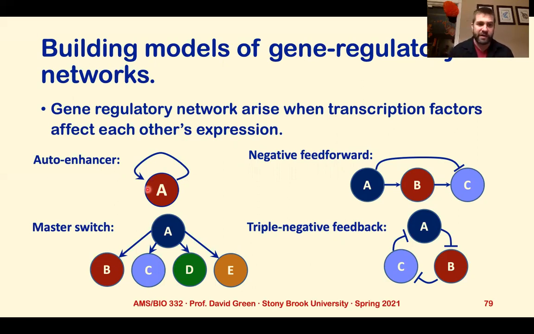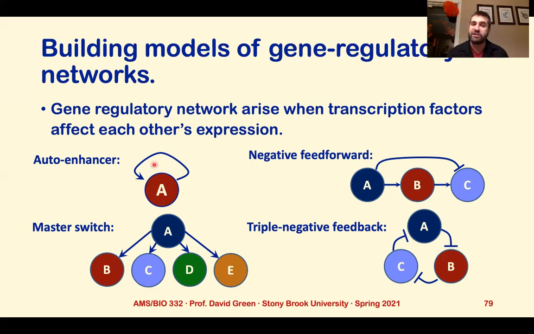If we say that gene A controls itself, we know that, at least within the context of our model, the only way a gene can control itself is by that gene being a transcription factor that affects the transcription or the RNA synthesis of that piece. And so it suffices to have an arrow pointing at itself to say A activates itself.